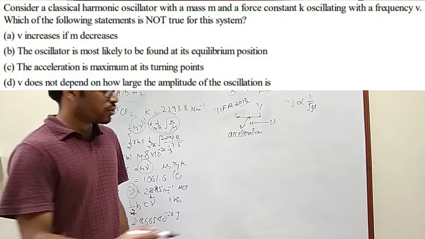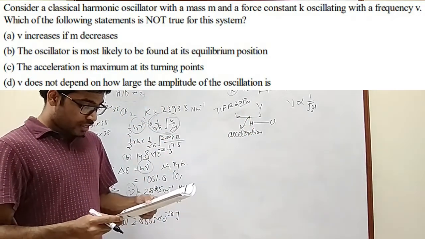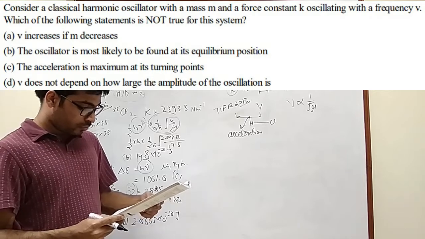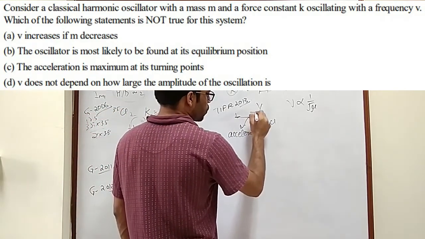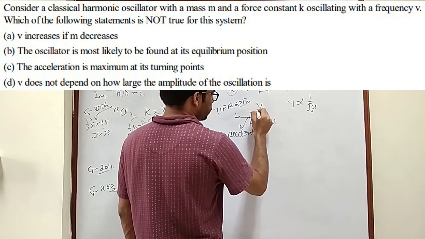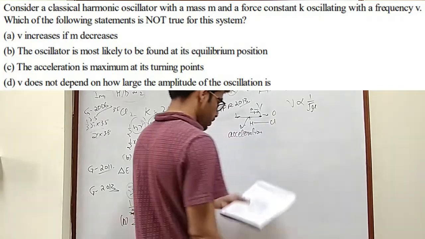So if the acceleration is maximum, it will stay here for the least amount of time. The acceleration is maximum at its turning points. At this point of time, the acceleration goes from plus A to minus A. Exactly at this point, the acceleration is 0.